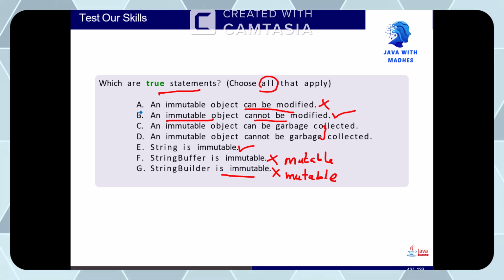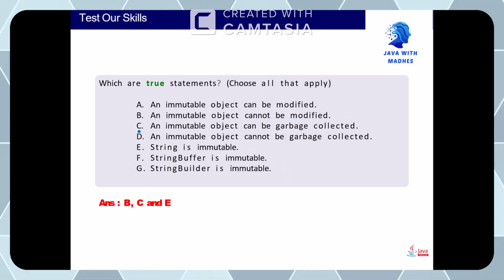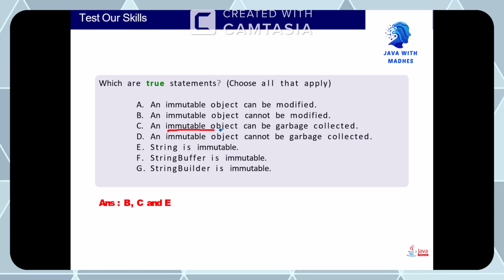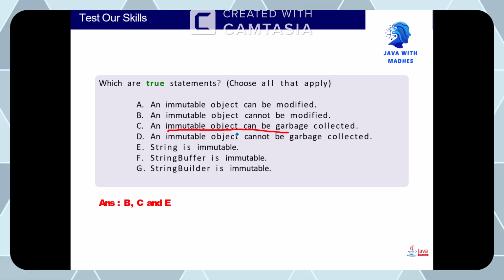So according to this, statement B is correct and statement E is correct. And what about C and D? The immutable object is garbage collected, right? Whatever object we create in Java, all those objects are garbage collected. So this statement is also true.